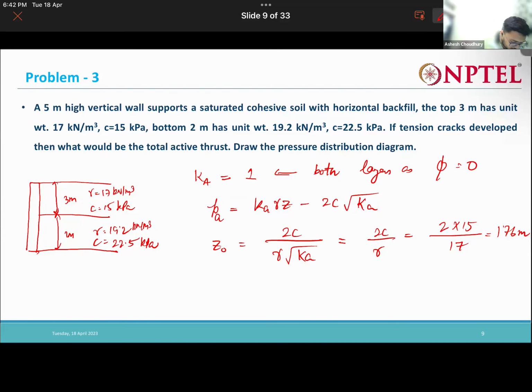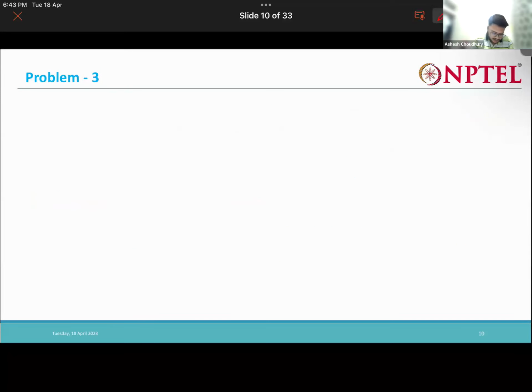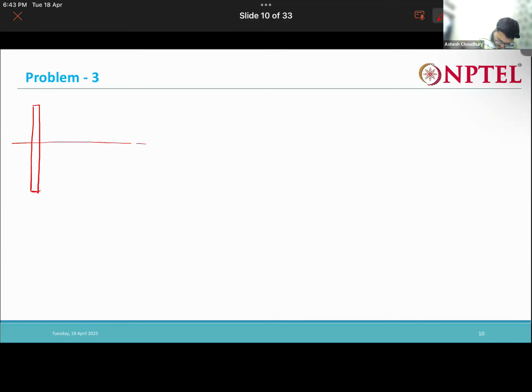Now, just a second. Let us draw this. That will be clear. The upper part is 3 meters and below it's 2 meters. So it will be something like this. This is 1.76 meters.